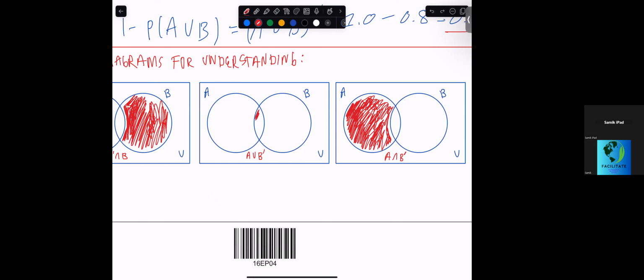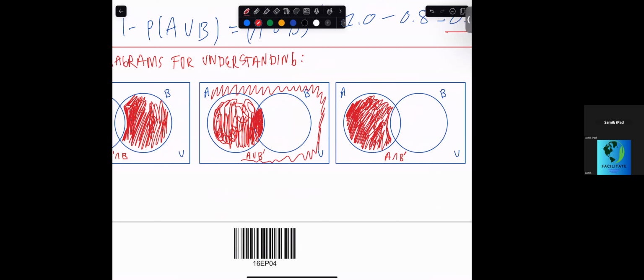So A, not B. So we have to consider this inside portion because we want A. So we are coloring this whole thing like this, like this, like this, like this. And we also have to color the outside portion.